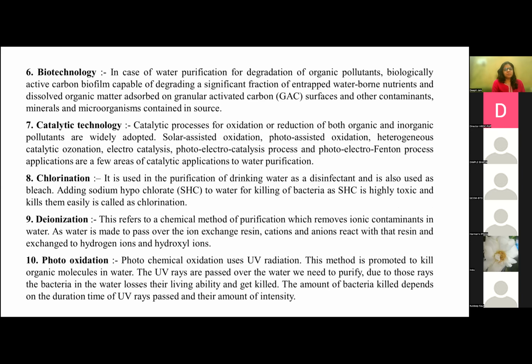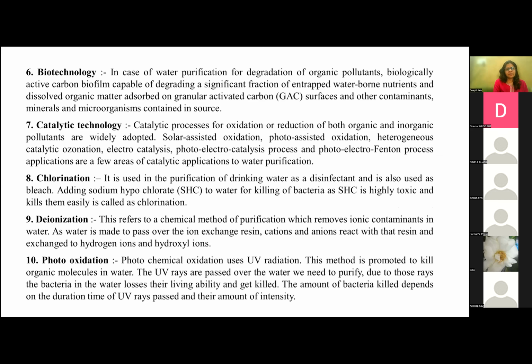There may be many more techniques, like biotechnological techniques, for water purification. For degradation of organic pollutants, a biologically active carbon biofilm capable of degrading a significant fraction of entrapped waterborne nutrients and dissolved organic matter adsorbed on granular activated carbon surfaces and other contaminants can be used.